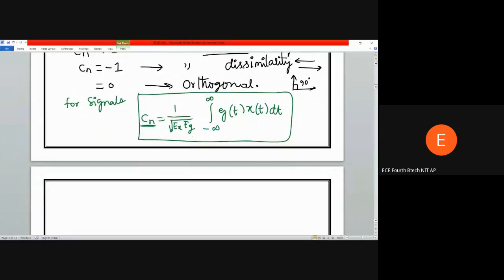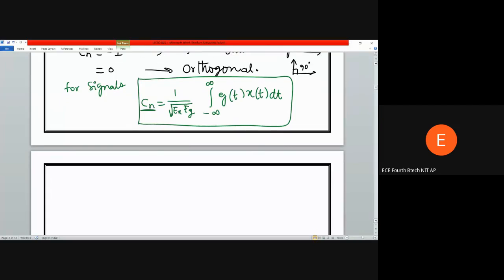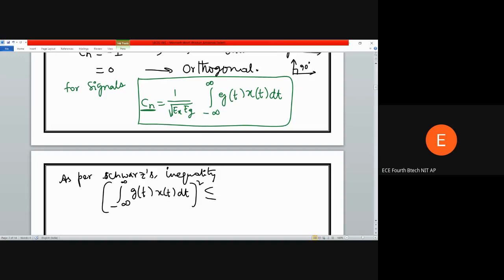As per the Schwarz inequality, we have the equation: the integral from minus infinity to infinity of g of t multiplied with x of t dt, whole square, is always less than or equal to the integral of g square of t dt multiplied with the integral of x square of t dt.